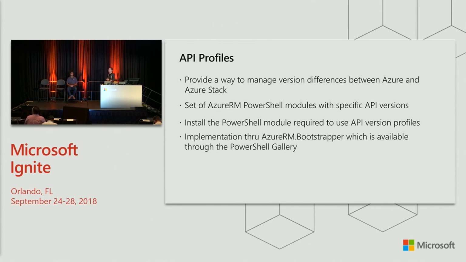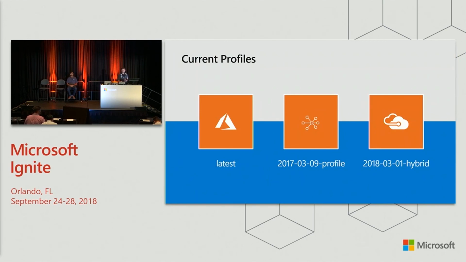Basically, what happens when you do that, if you specify what we call the hybrid profile, your code will work across Azure, Azure Stack, and the sovereign clouds, because the hybrid profile is a profile that targets all the clouds and does exactly what I just described.